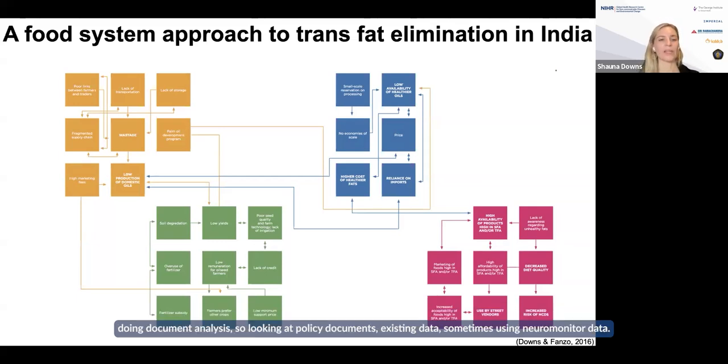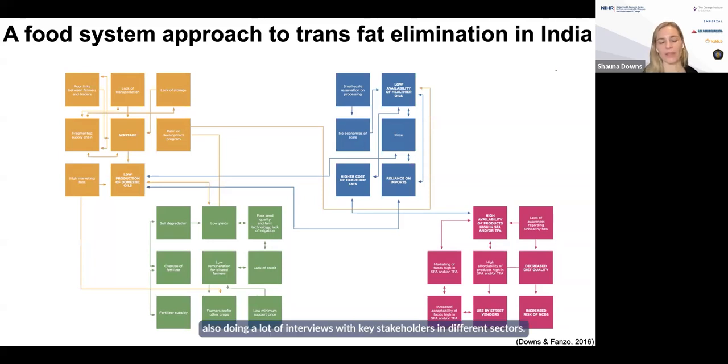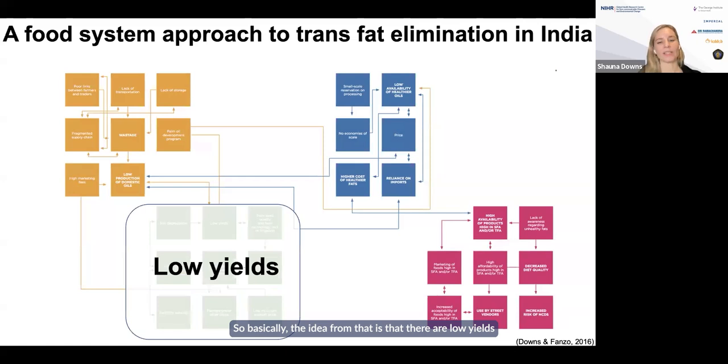So looking at policy documents, existing data, sometimes using Euromonitor data, and also doing a lot of interviews with key stakeholders in different sectors. So not just nutrition people, but also people from agriculture, from food processing, manufacturers of vanaspati, etc. So basically, the idea from that is that there are low yields of edible oils that were produced within India.